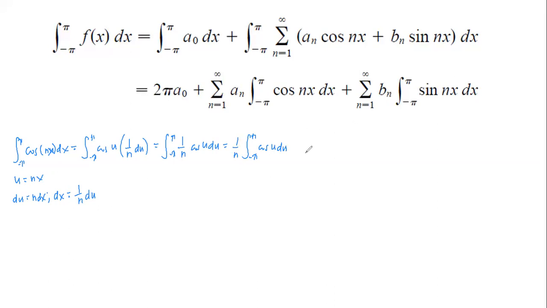So here 1 over n sine u evaluated from negative pi to pi. Simplifying, what is u? It is nx, evaluated from negative pi to pi. So upper limit minus the lower limit, this will give us sine n pi minus sine negative n pi.